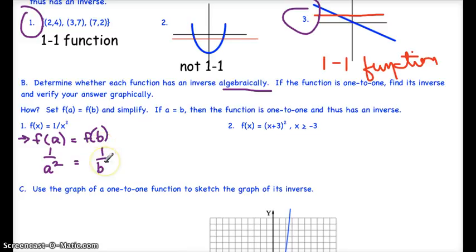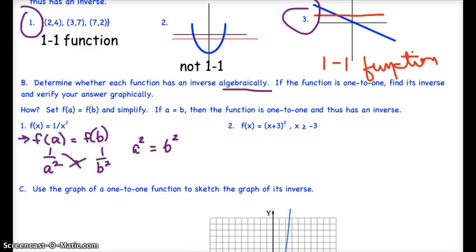So now that we've set these equal to each other, let's see if we can't simplify. I've got 2 fractions equal to one another. I know that I can cross multiply to solve here. So if I cross multiply, I have a squared equals b squared.